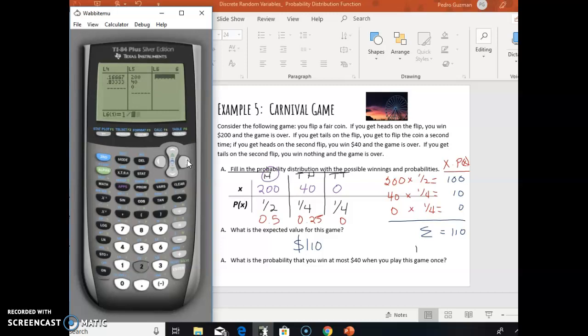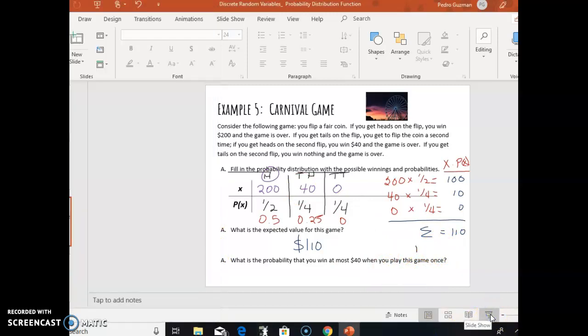I'm going to put in 1/2, 1/4, and 1/4, and then I'm going to go to stat calc var stats L5 and then L6, calculate, and we get 110, just like we got here by hand. So it's up to you, whichever one you want to do by hand or with the calculator.